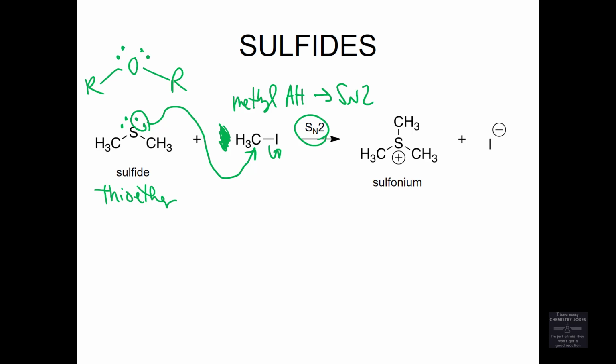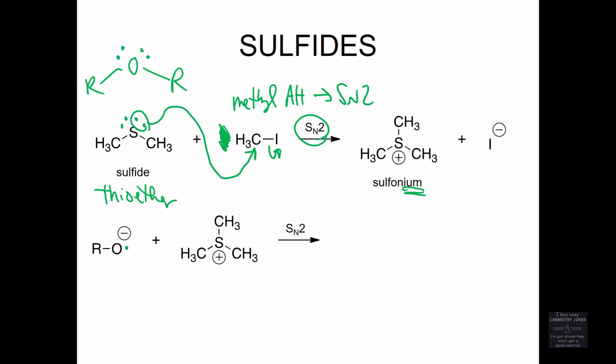This is a sulfonium. The plus is to tell me that the sulfur is positive. It's a sulfonium ion. This sulfonium ion can be SN2'd upon. What the heck are you saying, crazy lady? Sulfonium ions can be SN2'd upon.